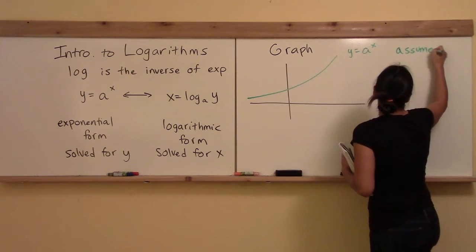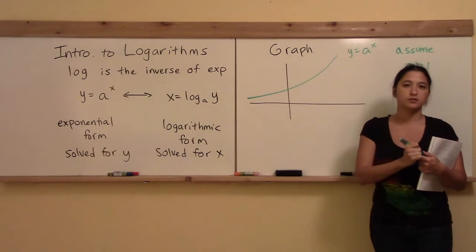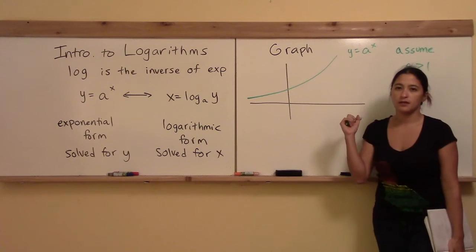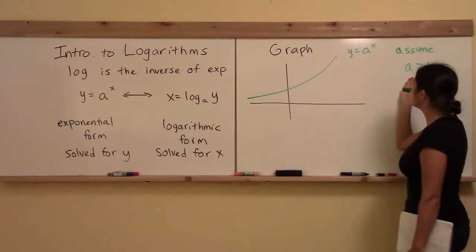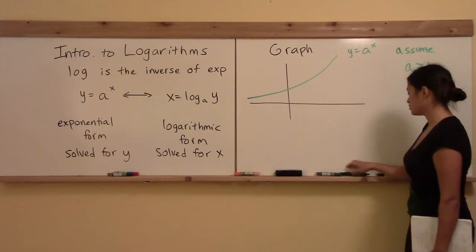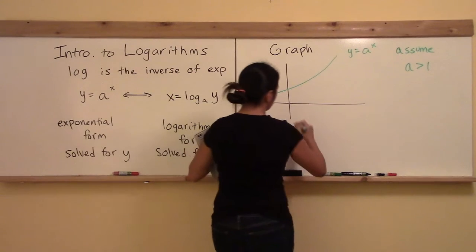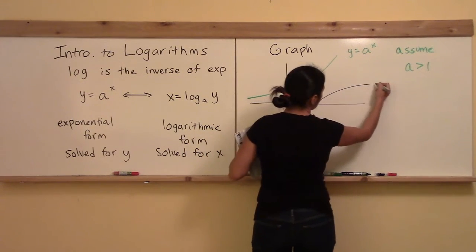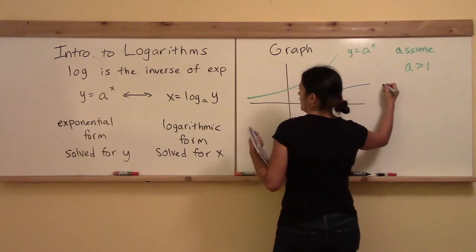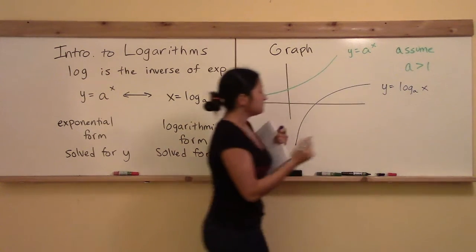Usually your base a is not only not equal to 1, but it's going to be greater than 1. The most common format is that we use a base that's greater than 1. Here, that will be represented by exponential growth, and the logarithm is the inverse of that. And so that looks like this. This is the function, let's call it y equals log base a of x.